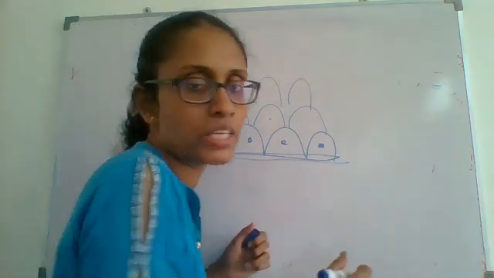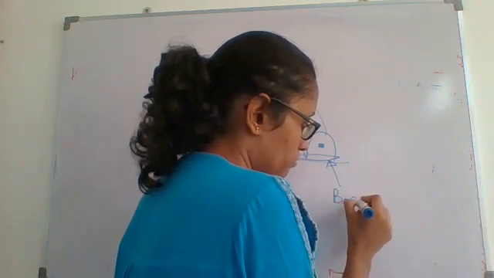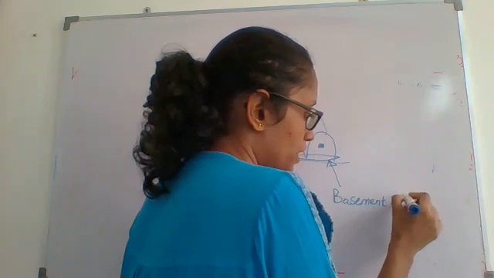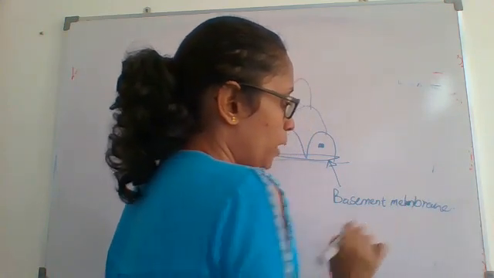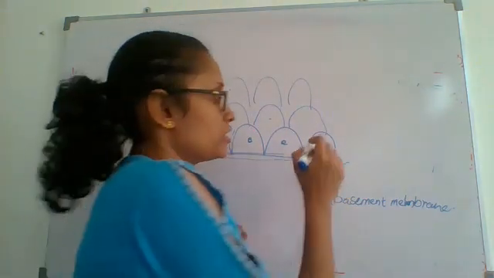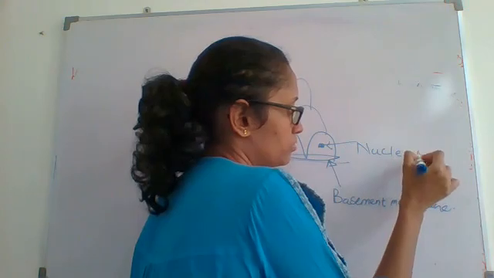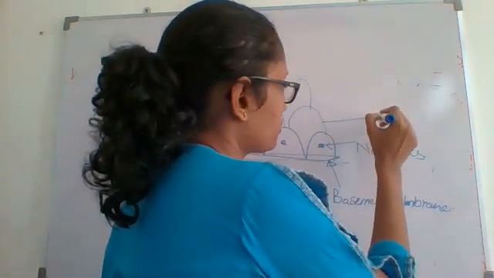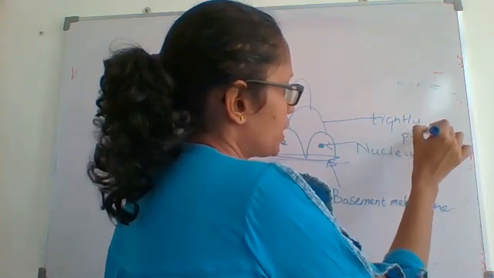This is called the basement membrane. That's the base, right? In Sinhala we call it Padastha layer. And this is the nucleus, right? So these cells are tightly packed.